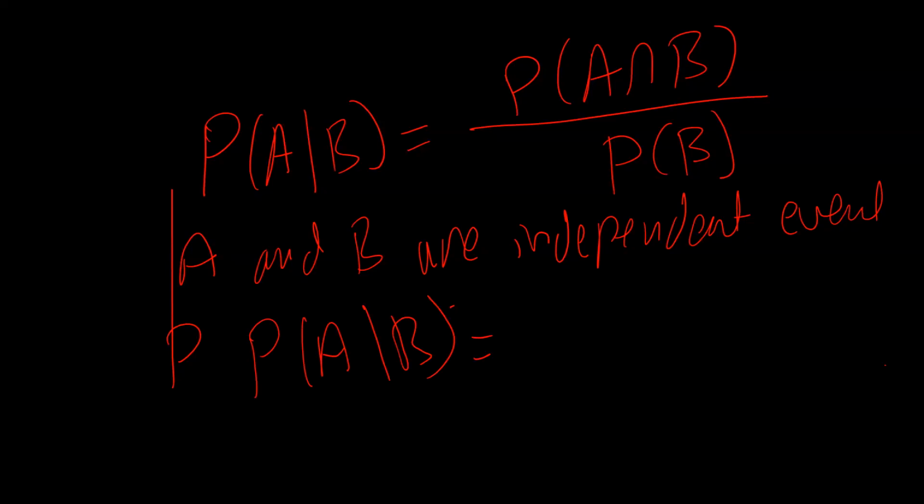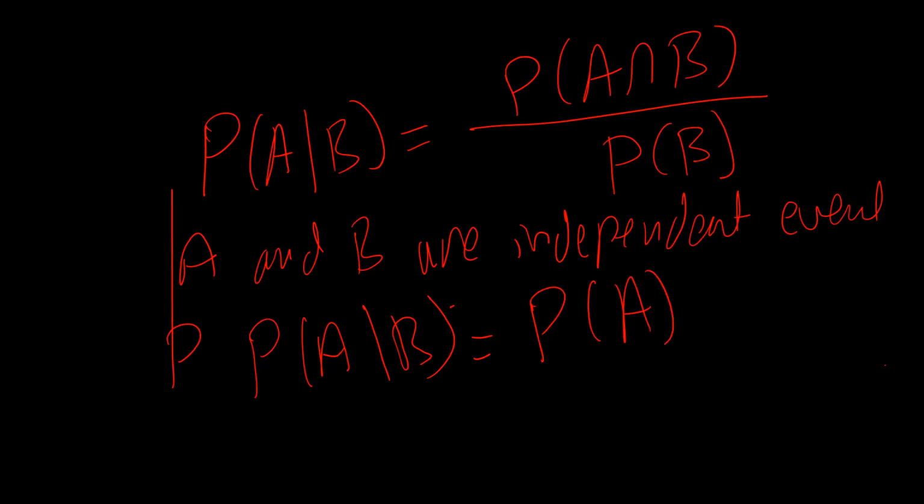In this case, if B is independent of A and A is independent of B, then the occurrence of B will not affect in any way the occurrence of A. Since they are independent of each other, it doesn't matter if B has occurred or not. So in this case, the probability of A given B is the same as the probability of A.